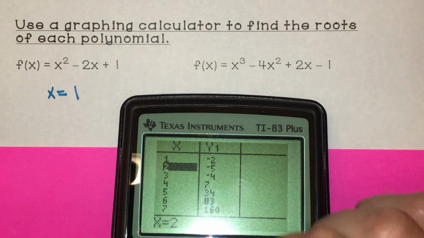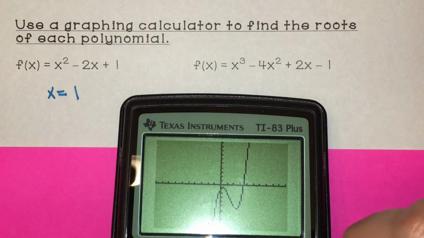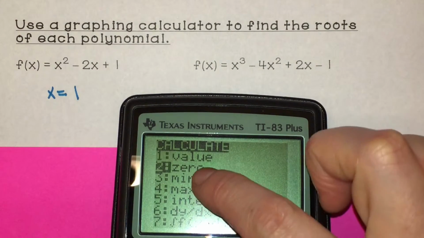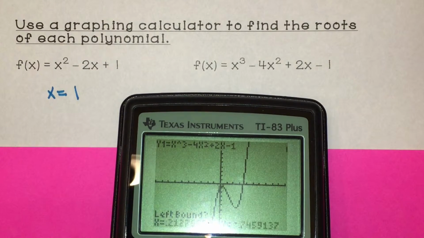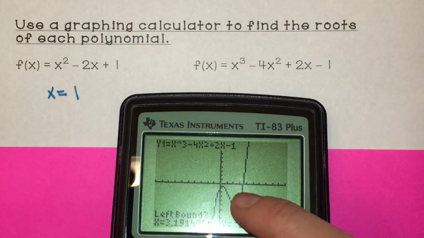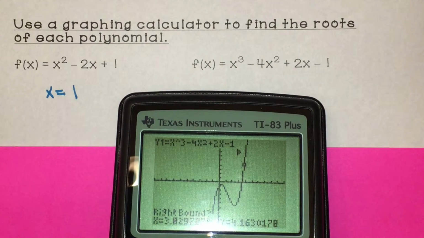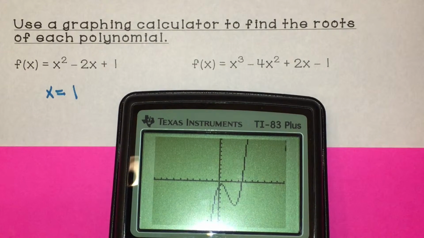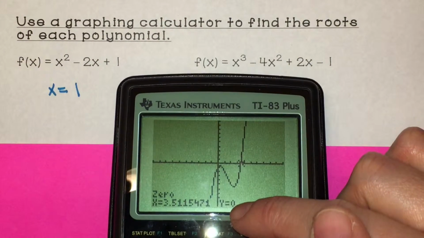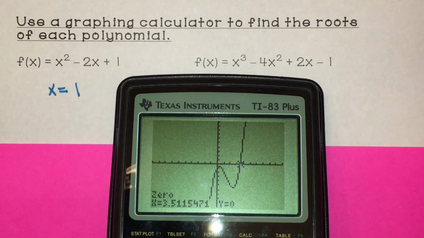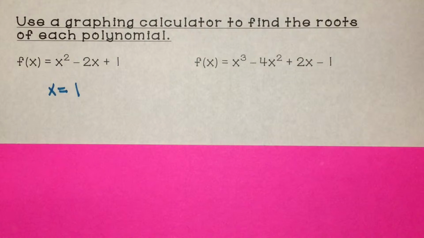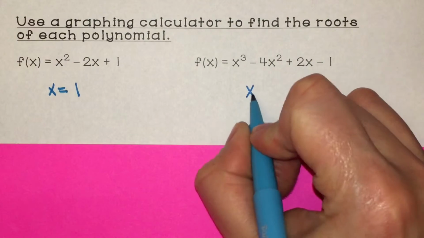So I'm going to have to use my calc button where I can find the 0. I need to do the left side, going to the left of where my graph goes through the x-axis, then the right side, and it tells me when y is 0, x is 3.5, rounded. So x equals 3.5.